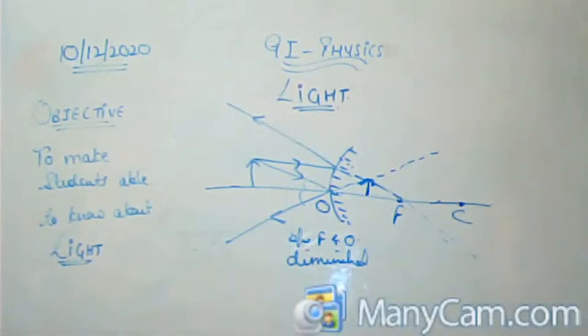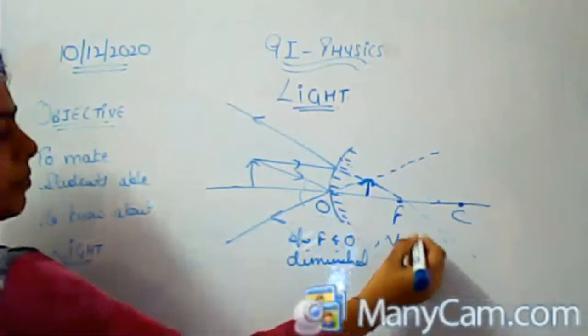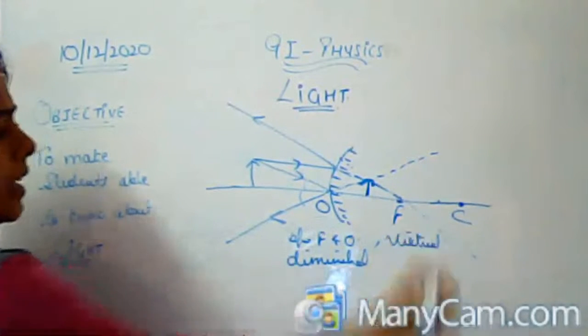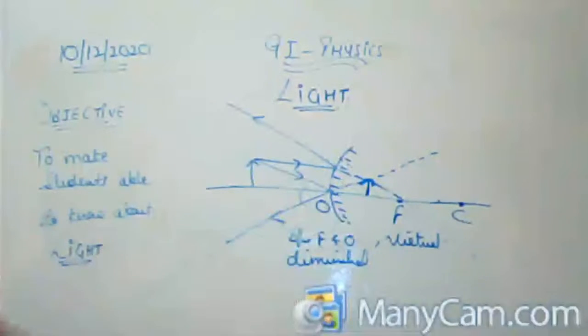Fine. So it is diminished. Third, real है कि virtual है? Is it real or virtual? It is virtual because it is due to the imaginary rays. It's not due to the real reflected rays, but imaginary we have done this. So this is called virtual image.